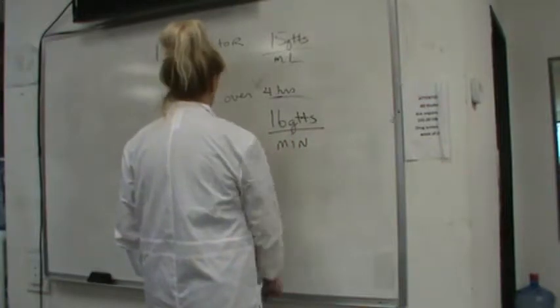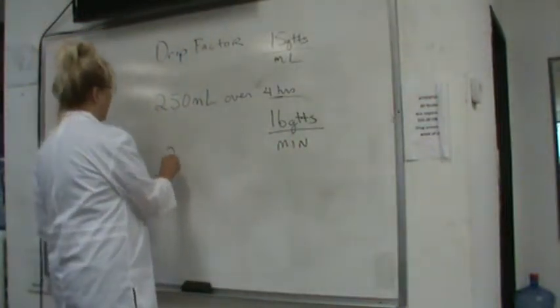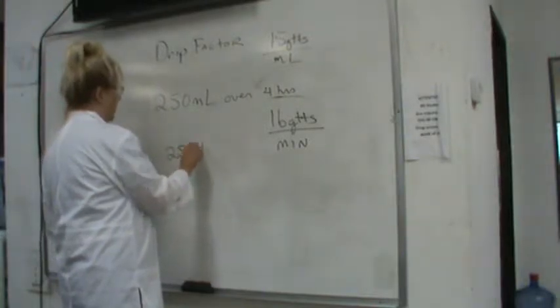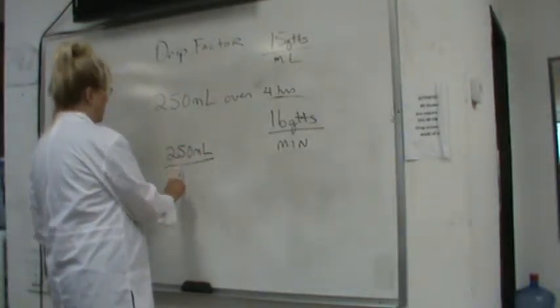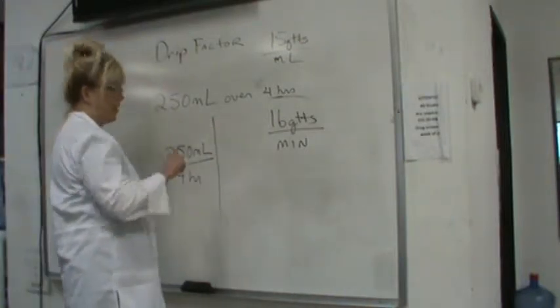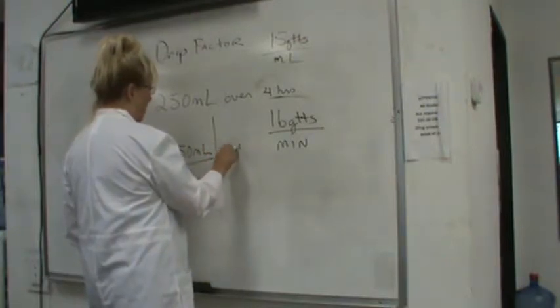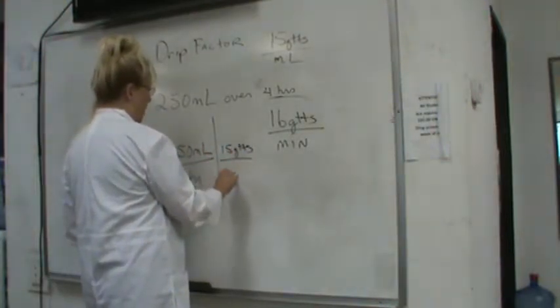All right, let's take a look and see if they're right. We start with what's ordered. 250 mLs over what? 4 hours. Times our conversion factors. 15 drops over 1 mL, good.